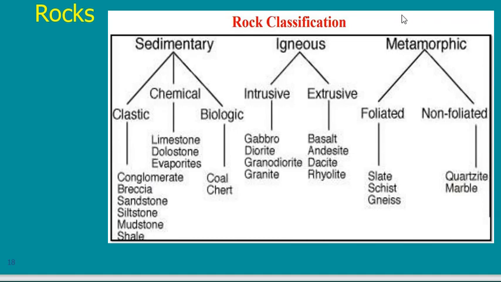Then we have another type, which is called metamorphic rock. A metamorphic rock is just a sedimentary or igneous rock that changed with pressure and temperature to be a metamorphic rock. A metamorphic rock may be foliated or non-foliated. Foliated means that it is like a mille-feuille.